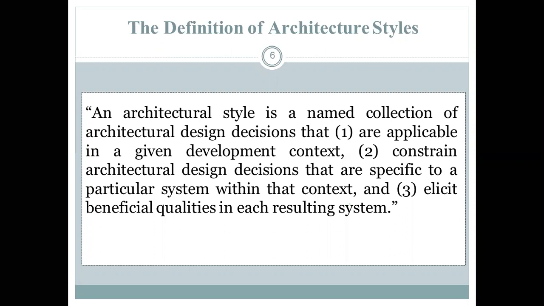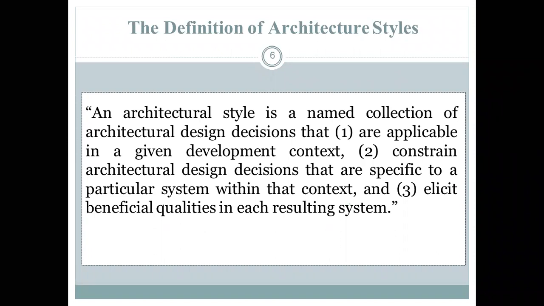Or it constrains architectural design decisions that are specific to a particular system within that context. And third, it elicits beneficial qualities in each resulting system. So this is the definition for architectural style.